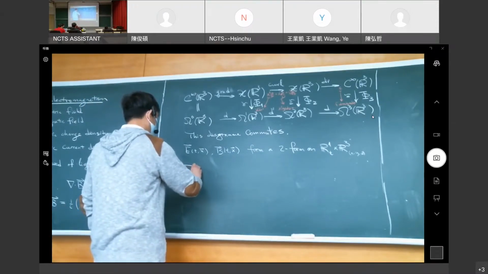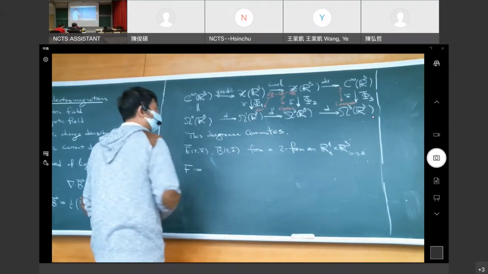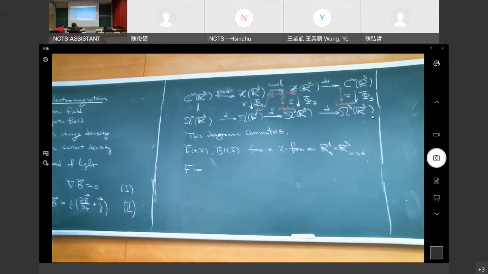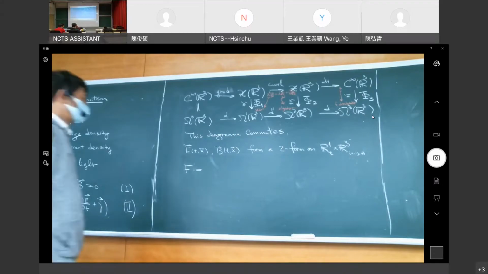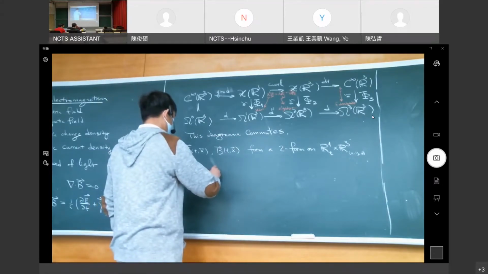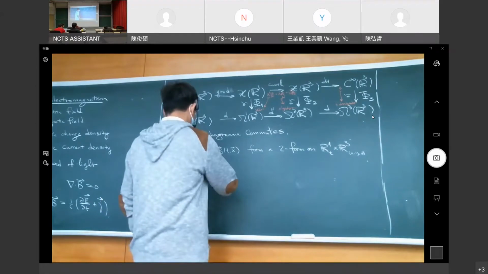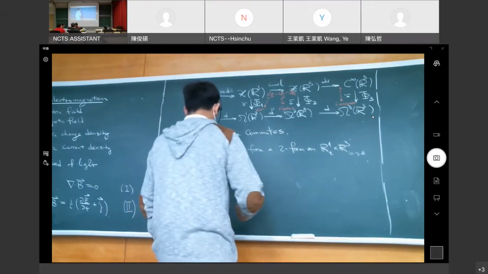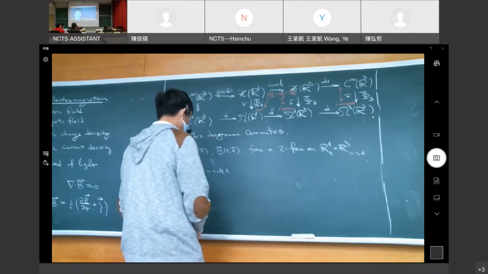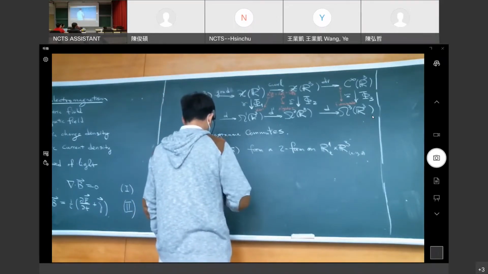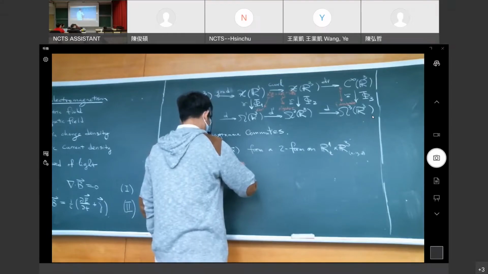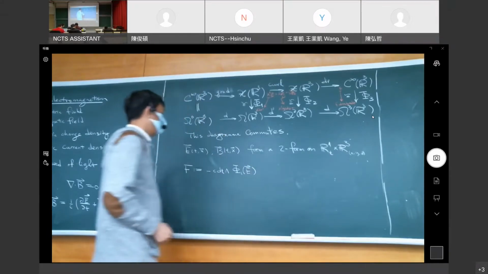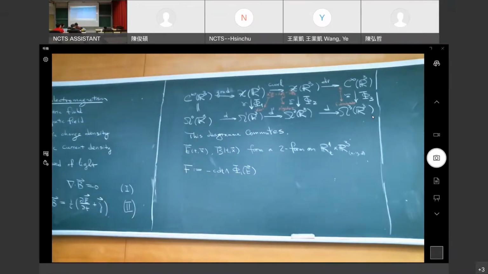So let's define a two-form. This two-form is defined as minus, let's say, c dt wedge phi 1 of E. So let me explain the first part.